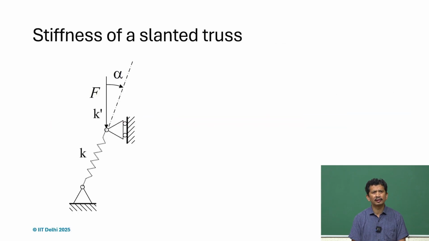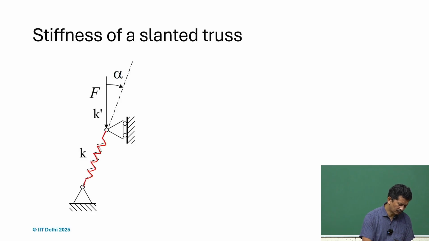Another very good example, which we may encounter in our designs, or there are many designs built on these concepts. So, what happens if any member is not longitudinally placed, but at a slant? So, for instance, there is a K here, so it is a spring here.